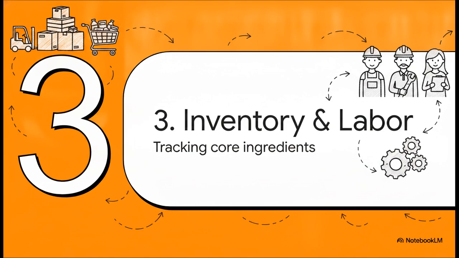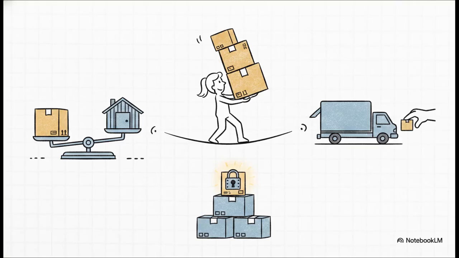Moving on to Section 3, tracking inventory and labor, or as I like to call it, the core ingredients. Basically, your stuff and your staff. Managing your inventory is totally a tightrope walk. You want to keep costs down, but you definitely can't afford to break your supply chain. Our source lays out 3 big techniques here. First up is economic order quantity, or EOQ.